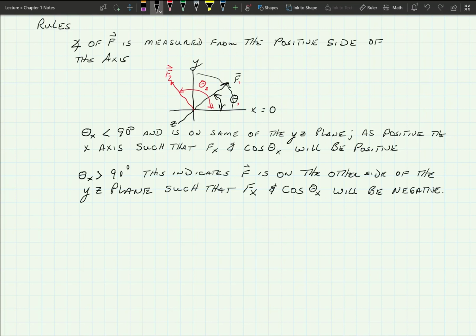So that'd be my F2 vector up here that I got in red, such that Fx and cosine x will then be negative. So you can put a negative sign in front of that.